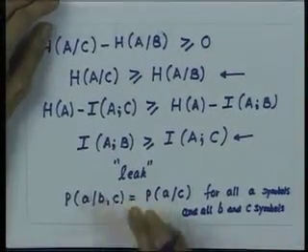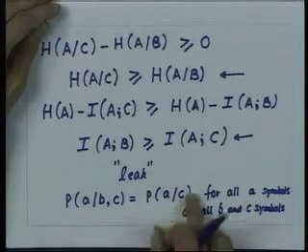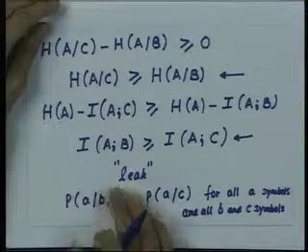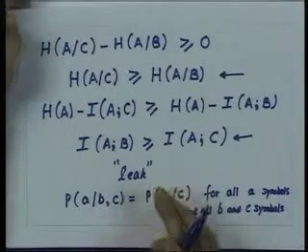But other than a noiseless channel also it is possible that this equality is satisfied, in which case H of A given C would be equal to H of A given B, which in turn would imply that mutual information I of A B will be equal to mutual information I of A C.